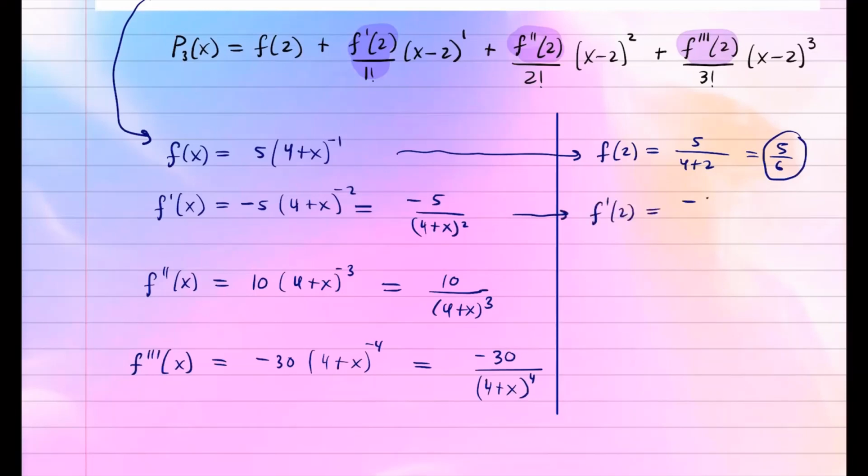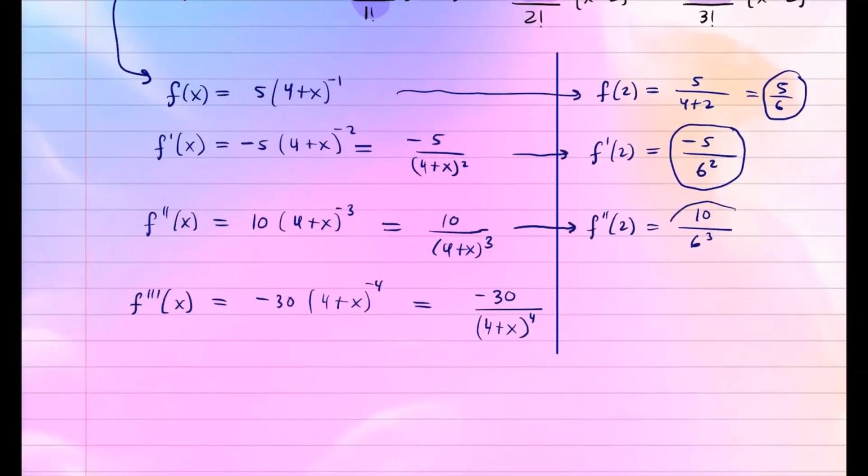That would be negative 5 over 4 plus 2, that's 6, so 6 squared. I'm not going to simplify them. You can simplify them if you wish to, but this is good enough. Then the second derivative at 2 would be 10 over 6 to the third power. And one more to go, the third derivative at 2, that would be negative 30 over 6 to the fourth.